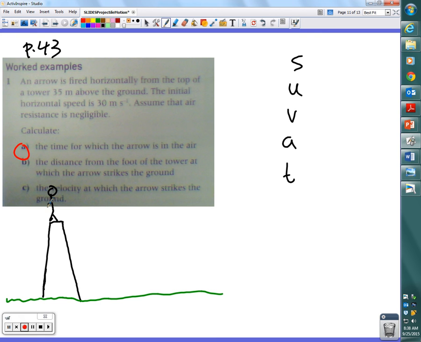Hold on a second. That's not good. I gotta do it like this here. The way that it was being held was not representative of a bow and arrow. There you go. How's that? I probably should have drawn one more thing.